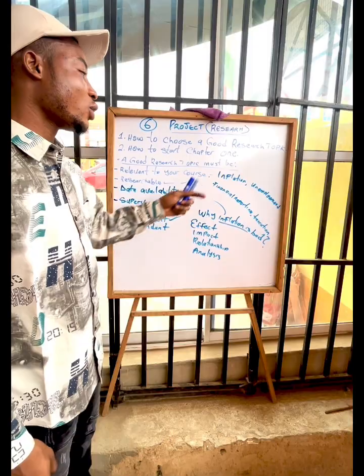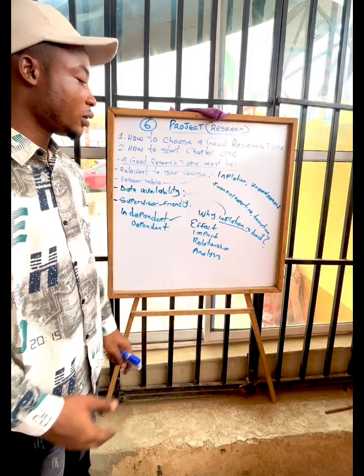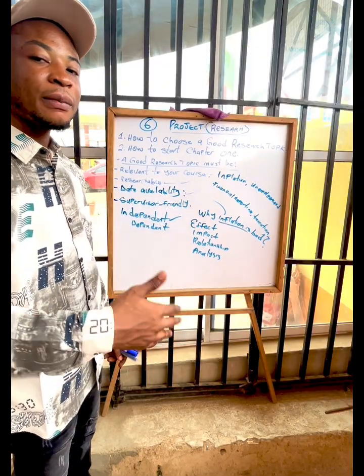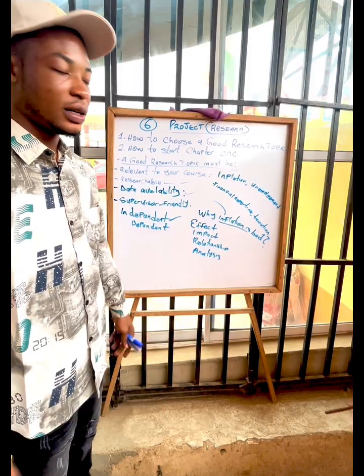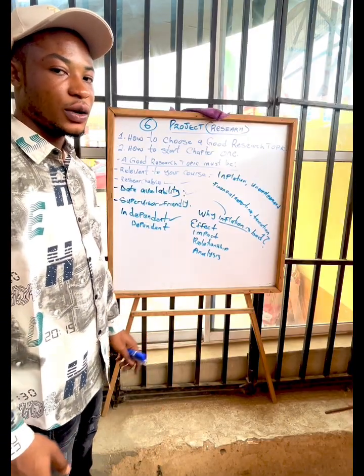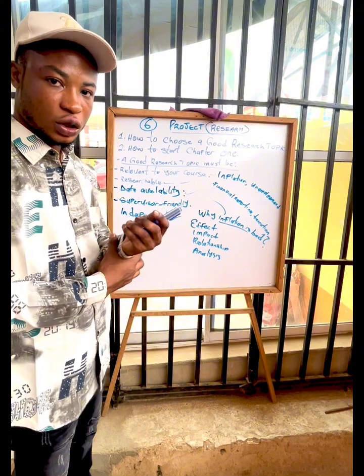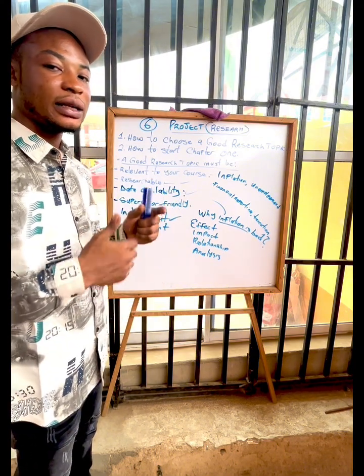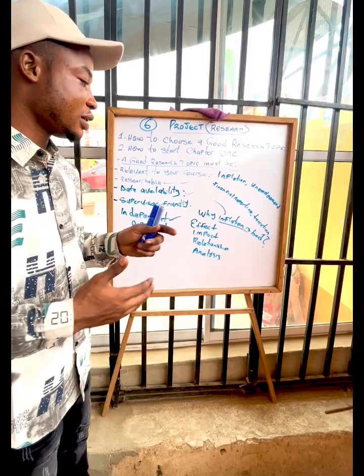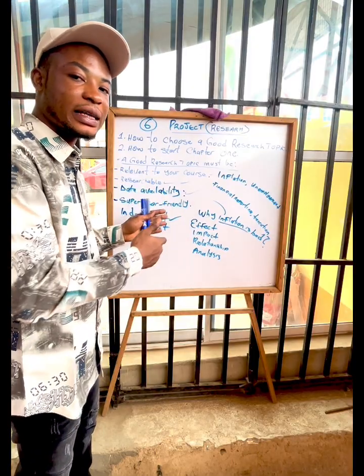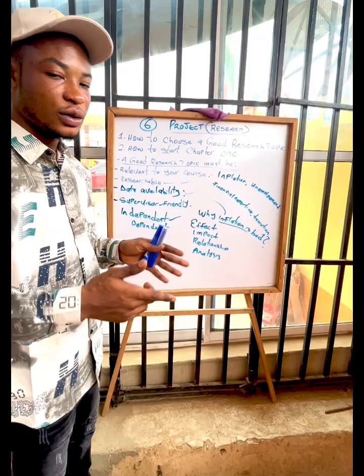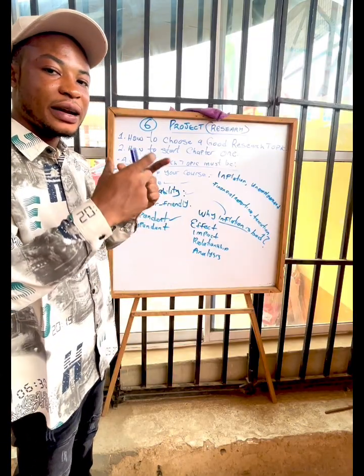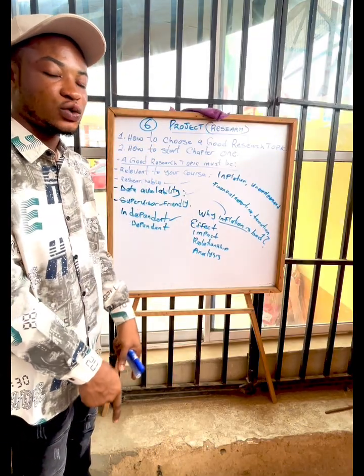Let's say, for example, there's an old research topic, impact of inflation on economic growth in Nigeria, and you want to work on inflation. You can still work on inflation depending on the old project's duration. Let us say the time period is from 1990 to 2010. So there is a research gap now. Now we are in 2026.